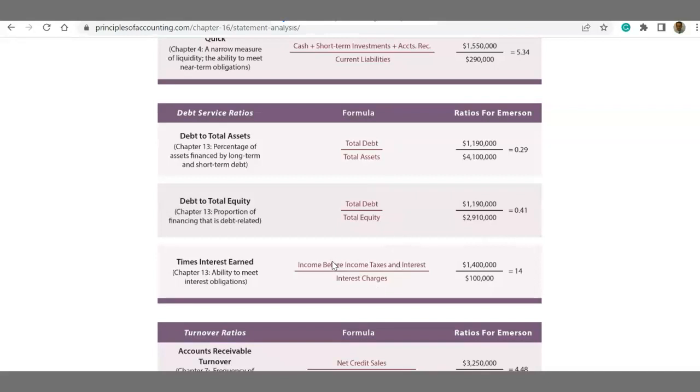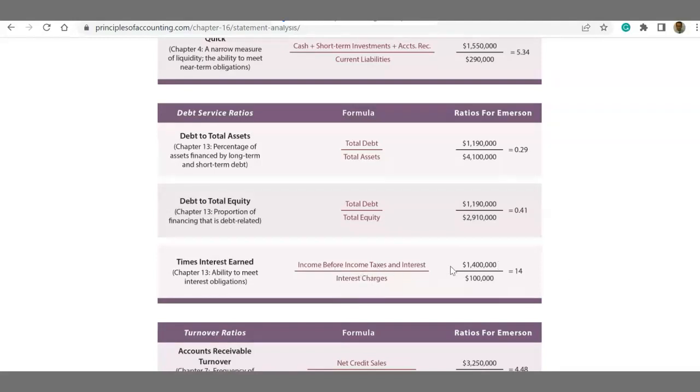Times interest earned, that means it's considering how much income you have, actual income, before deducting any taxes or interest, how much actual income you have compared to your annual interest expense.